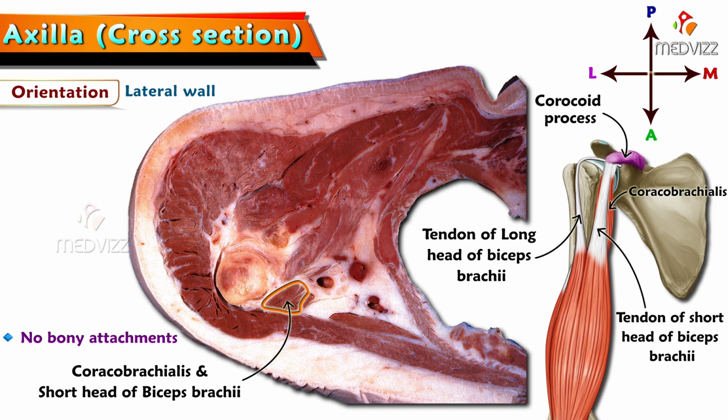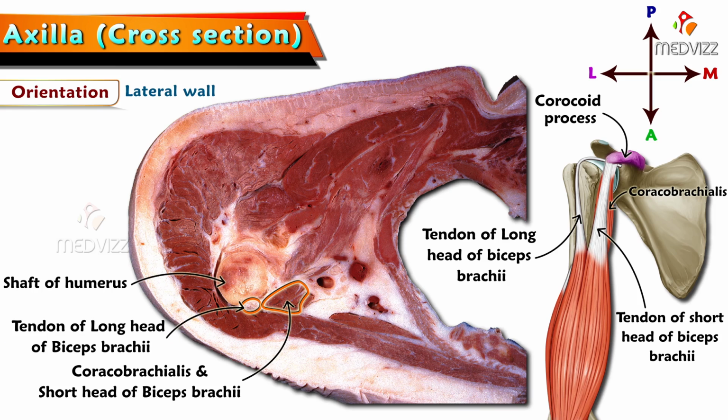We can see these two muscles together on the medial aspect of humerus, medial to the shaft of humerus.